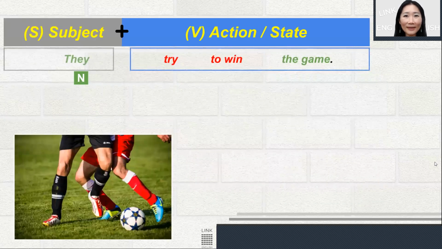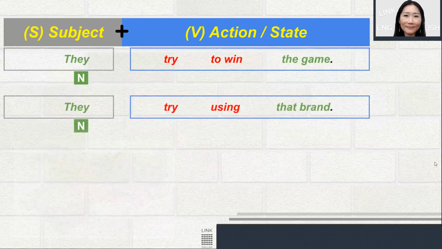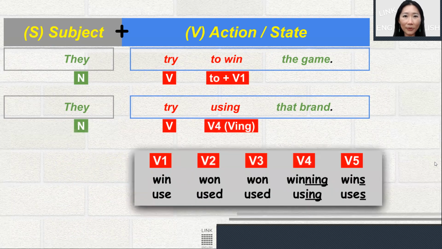They try to win the game. They try using that brand. If the first verb is try, the second verb can take these two forms, to V1 or V4. But when you use to V1, it means this action takes a lot of effort. So they have to try very hard to win the game.